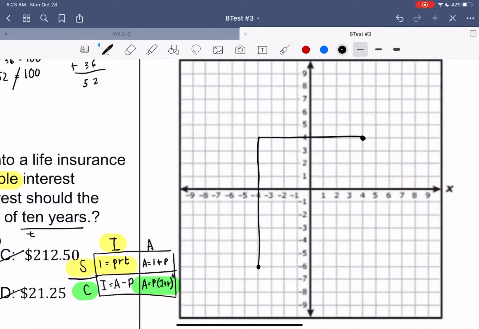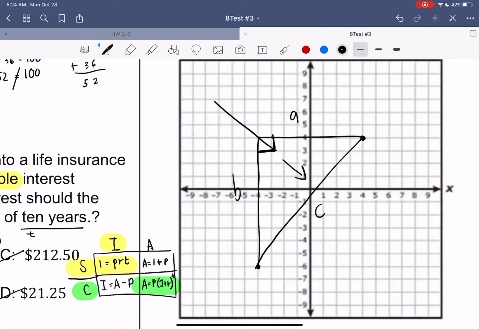Now we have a triangle A, B, and C, because the right angle always points to the hypotenuse, which is C, or the longest length.